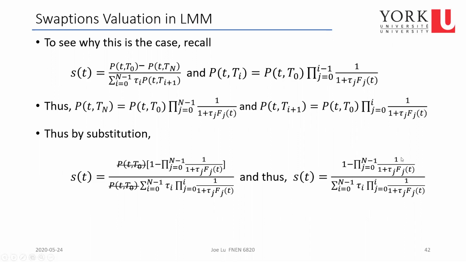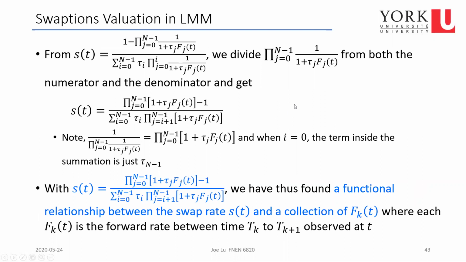Now there's this thing here, 1 divided by 1 plus tau j fj, and there's also 1 here, but it's within the product index here. So there's something we can cancel there as well. So let's divide the common factor here, which is from 0 to n minus 1. So once we have divided this ST, the swap rate will become this.